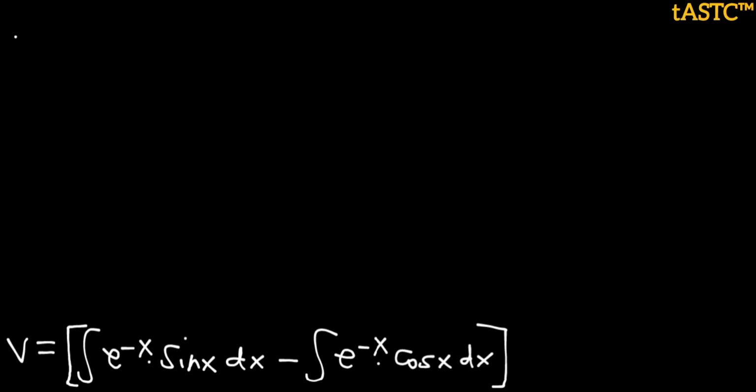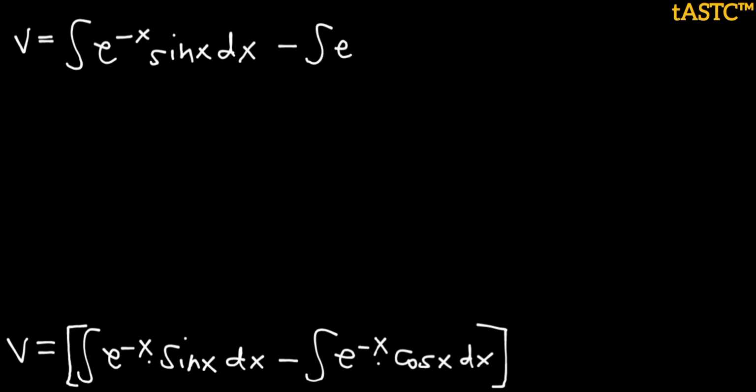So what we got here now is v, and basically we need to work the integral, that is the integral of e raised to the power of a negative x sin x dx minus the integral of e raised to the negative x cos x dx.